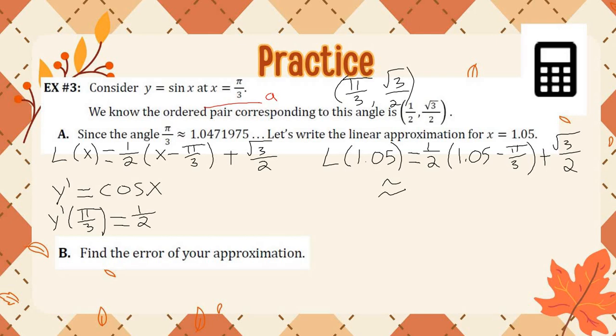Radians. What do we get? 0.867. You should get that. Well, if that's what we're supposed to get, then I'm going to double check it.